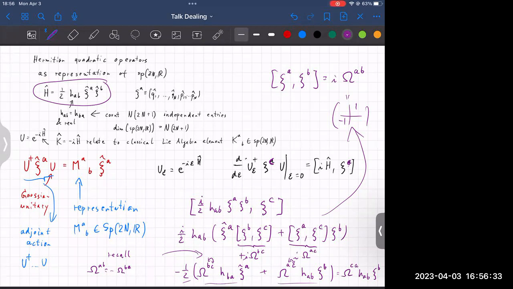Now, the only free index is the index C, which is in both cases the same, and I bring it to the front. And so this object I can call K_CB, and it satisfies the condition of being an element of the symplectic algebra.